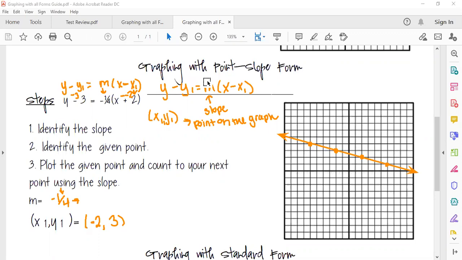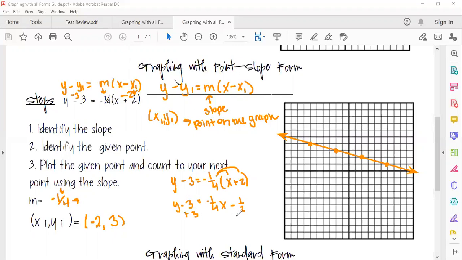Now, if I did not want to do this, if I can't remember, our other option is to always change this back into slope-intercept form, because slope-intercept form is like our favorite child. We like it the best. We could distribute the negative 1/4, so I get negative 1/4 x minus 1/2 equals y minus 3.